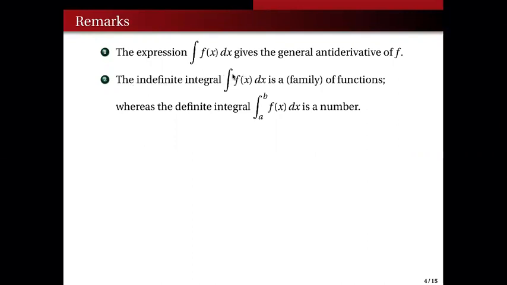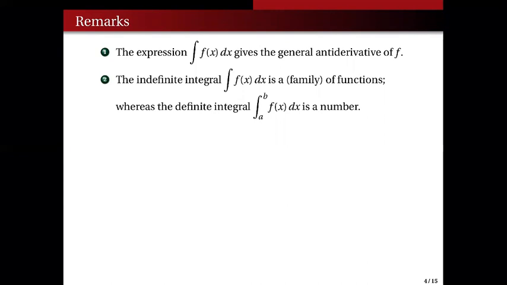The indefinite integral is a family of functions. Why? Because again, this is the general antiderivative. You have a plus c. Whenever you change the value of that plus c, you get one member of the family.